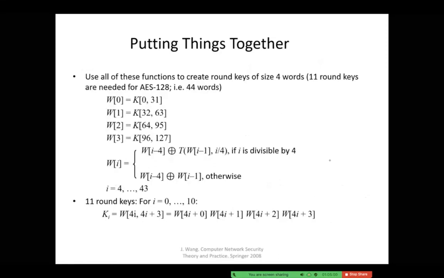Okay, now we put these things together to generate round keys.